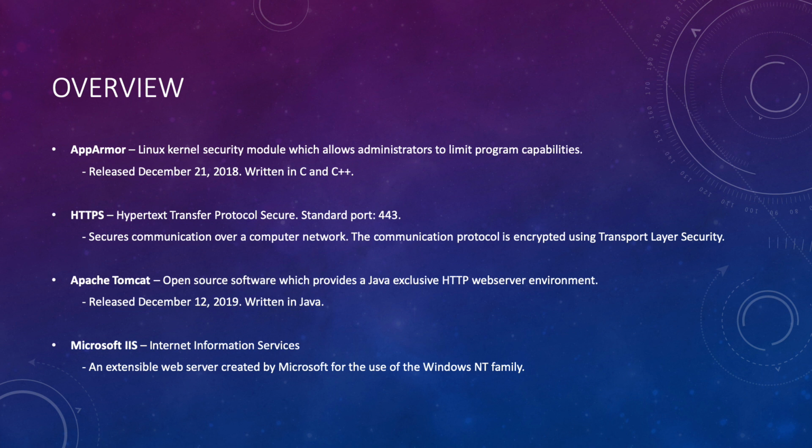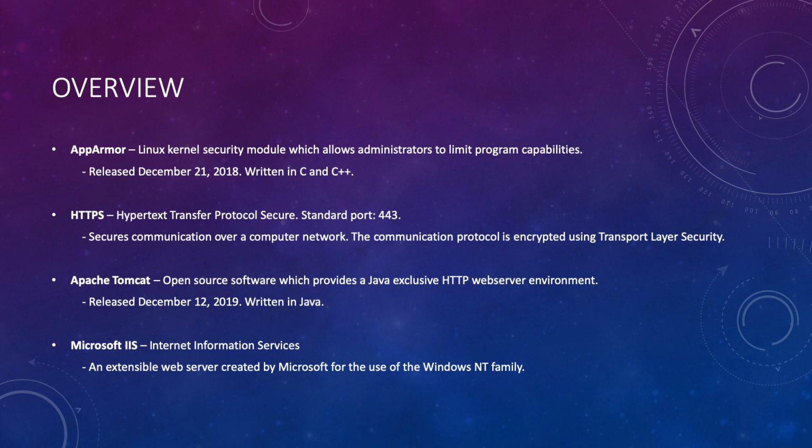So, a brief overview of what we're going to be discussing. We're going to look into AppArmor, which is a Linux kernel security module which allows administrators to limit program capabilities, and this was released on December 21st, 2018, and this is also written in C and C++.